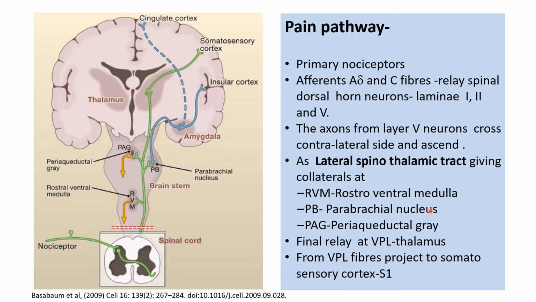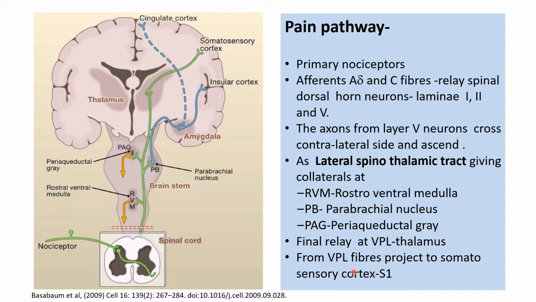On the way to thalamus, they relay in the rostroventral part of the medulla that gives the collateral there, and they relay in the parabrachial nucleus in the ponto-midbrain junction and also relay in the periaqueductal gray.